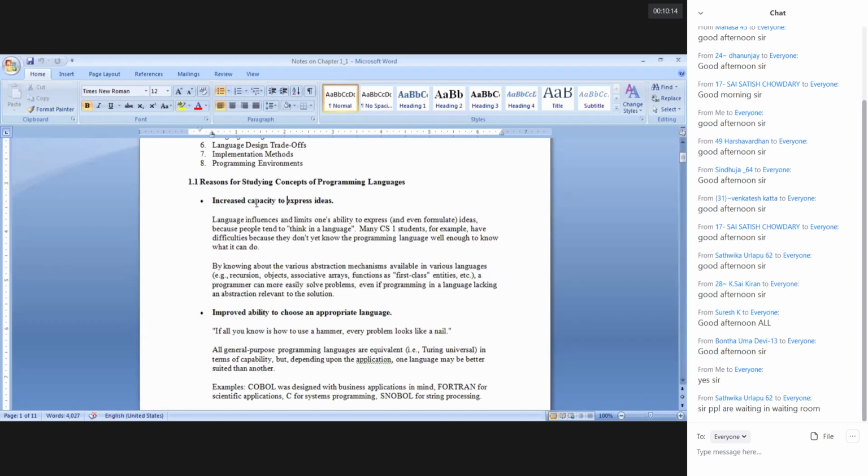First is increased capacity to express ideas. Language influences and limits one's ability to express ideas, because people tend to think in a language.